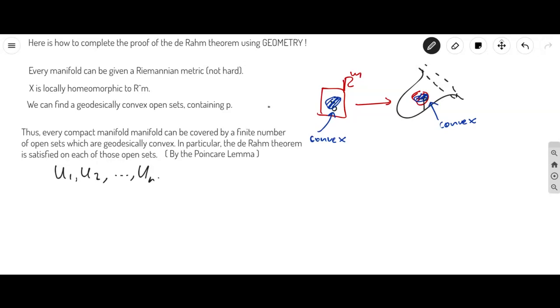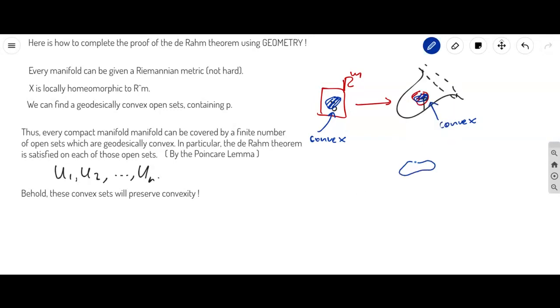So where do you go from here? Well, here's the observation. Now, behold, these convex sets will intersect in convex sets, will preserve convexity. That's the key point.